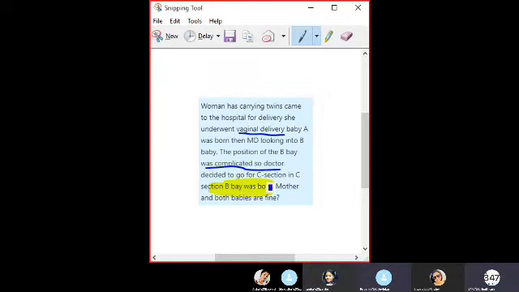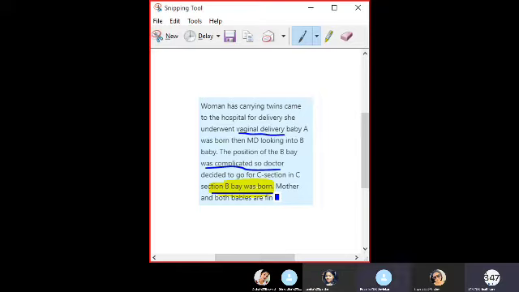Then baby B they moved into the C-section, and there baby B was born. That birth is delivery, right? After that, mother and both babies are fine. That is what care? Postpartum care. So for baby B we have all three cares: antepartum, delivery, postpartum.